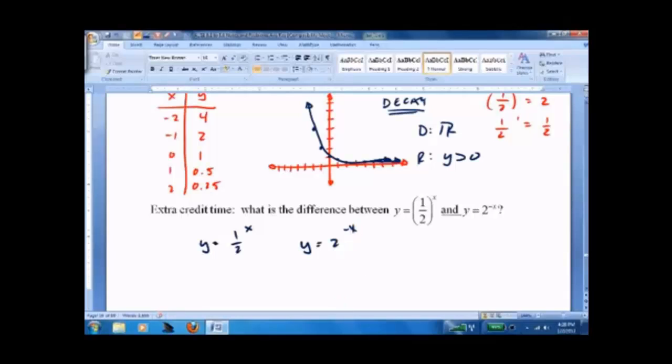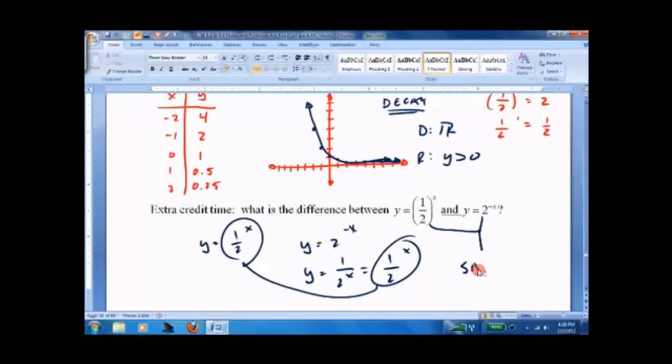Well, if we have a negative exponent, we know we just throw the whole value on the bottom. So it's like saying 1/2 to the x, which is the same as 1/2 to the x. So these are the same.